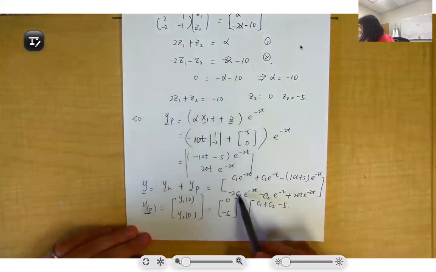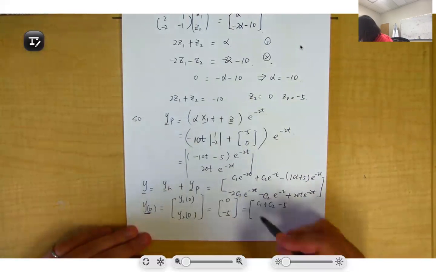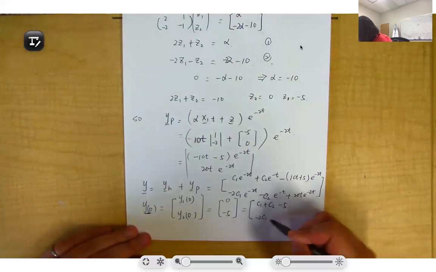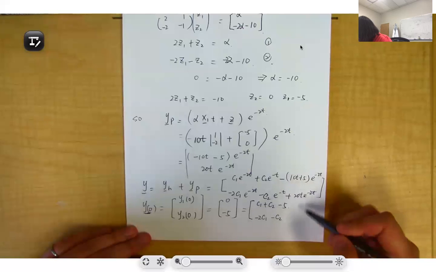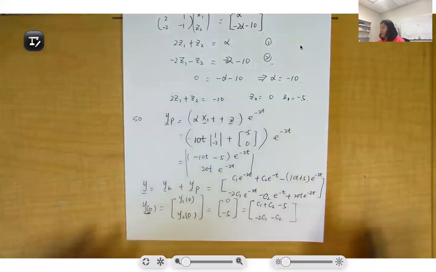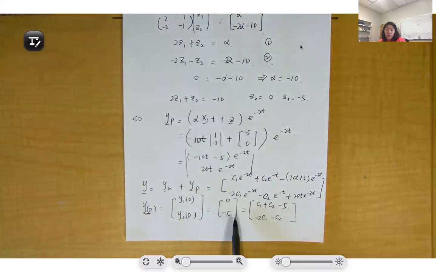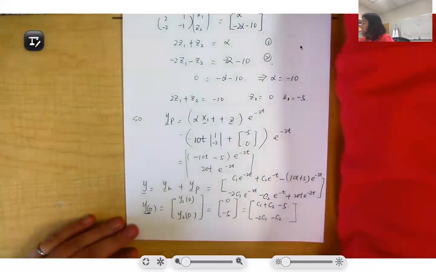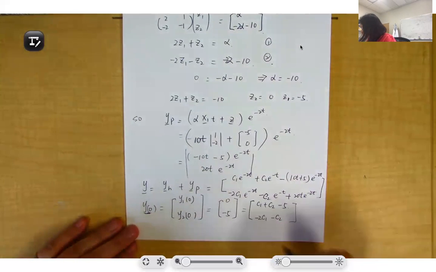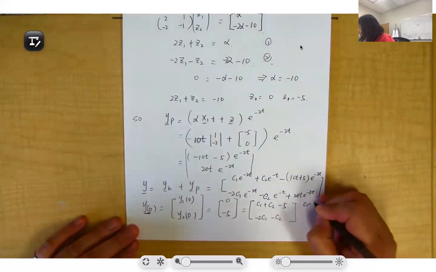The second equation when t equals 0 is negative 2c1 minus c2, and that equals 0. So you have two equations and two constants, c1 and c2. You can solve for c1 and c2, right? So your c1 is equal to 0, your c2 is equal to 5.